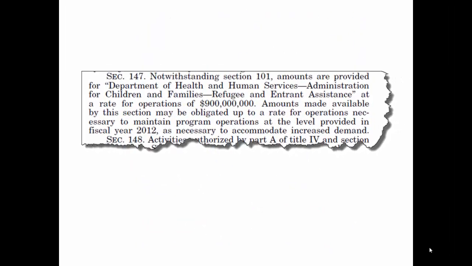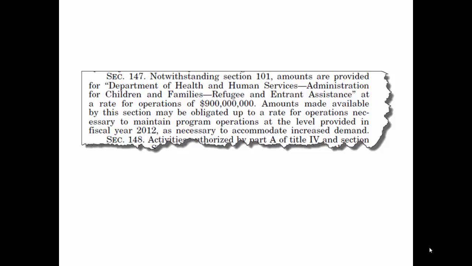Pay particular attention whenever you see the word notwithstanding. Notwithstanding means in spite of the fact that, and language that begins with notwithstanding is expressly overriding an existing provision of law. The word notwithstanding is frequently a tip-off that an anomaly will follow.